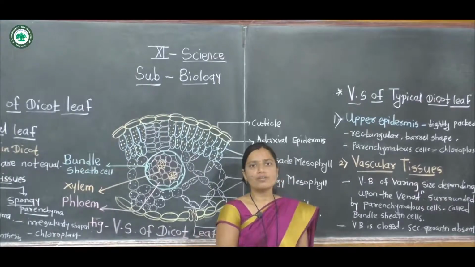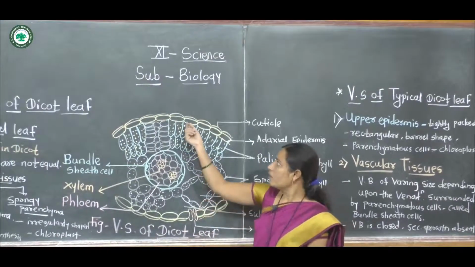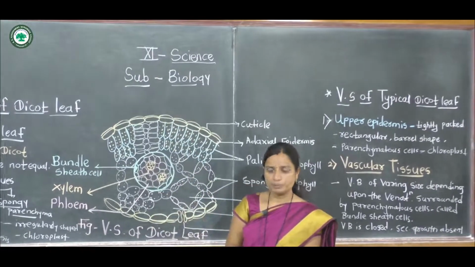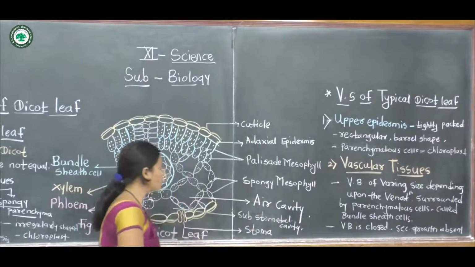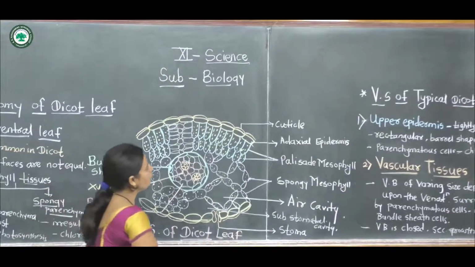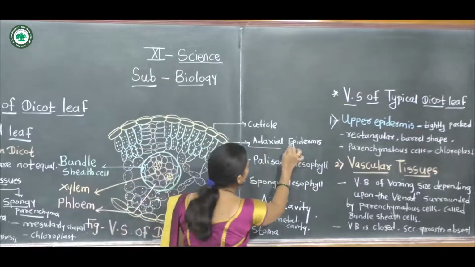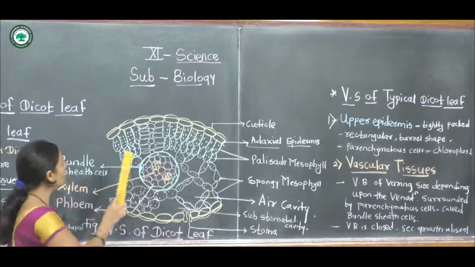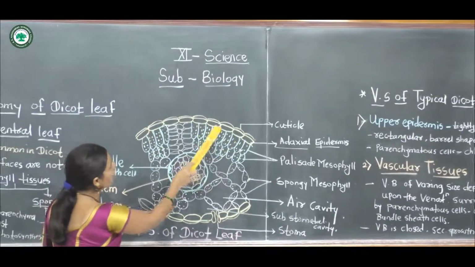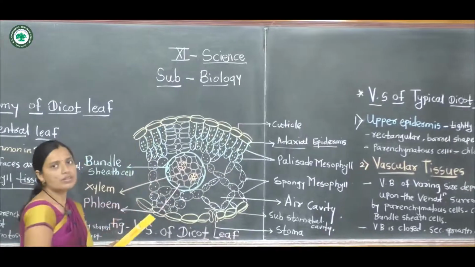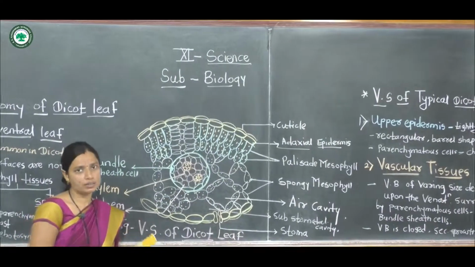The dicot leaf shows the upper epidermis and lower epidermis. The most important part of the anatomy of these dicot leaves is the adaxial epidermis. This adaxial epidermis is the outermost layer, the upper epidermis, and it is a single-layered structure.